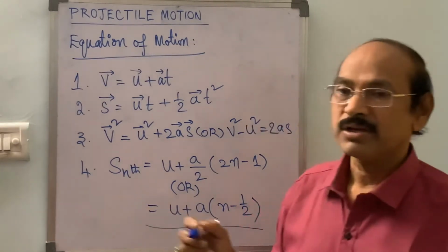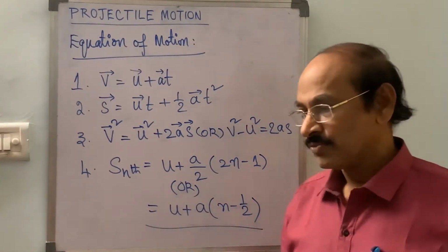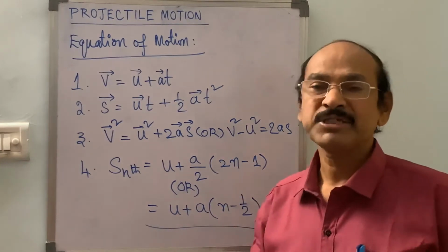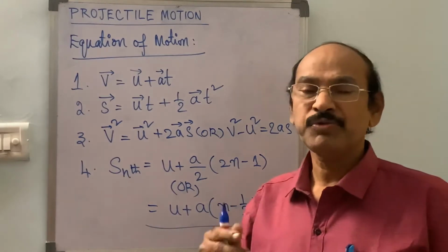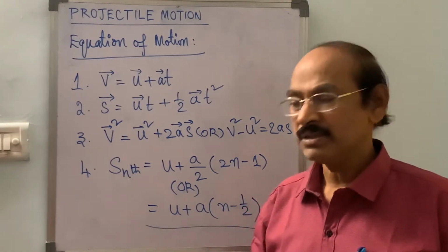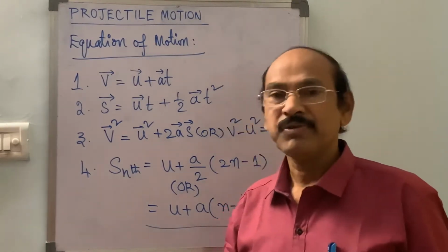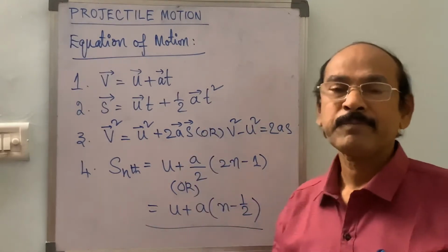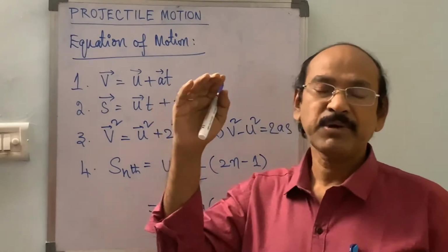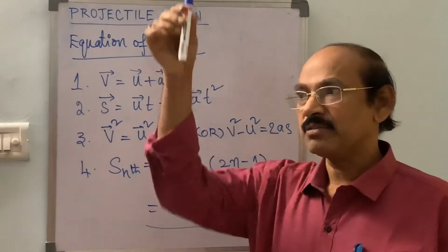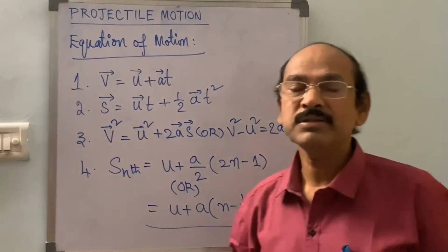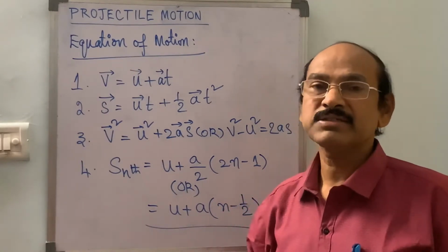So here, as the body moves up, its velocity gradually decreases. The body which is moving in the upward direction possesses negative acceleration. When the body is falling from maximum height, after reaching the maximum height, its velocity is 0. Then when it comes down, returning to the earth, its velocity gradually increases from 0.